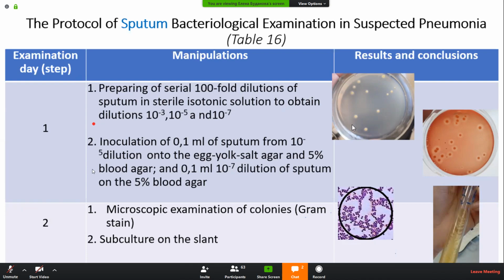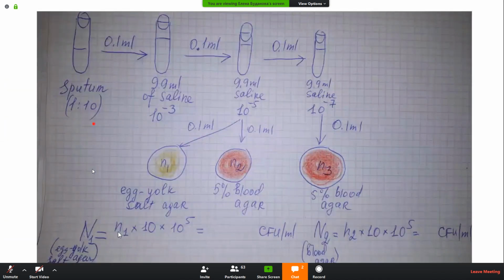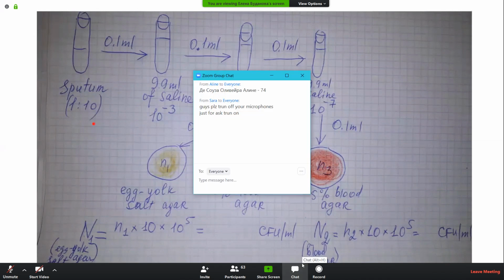And now calculate the concentration according to the formula. I will show you it again. This one. 11 by 10 and 10 to the power 5. It will be 1.1 into 10 to the power 7, right?